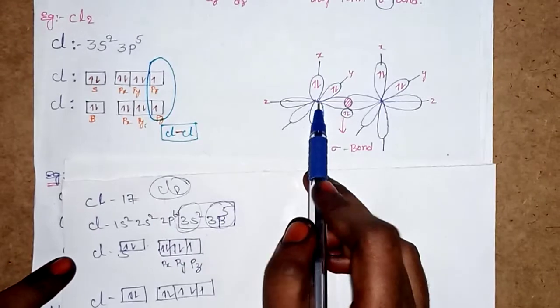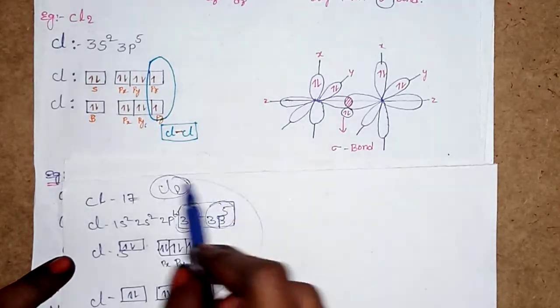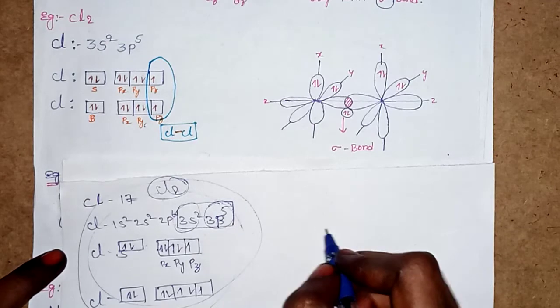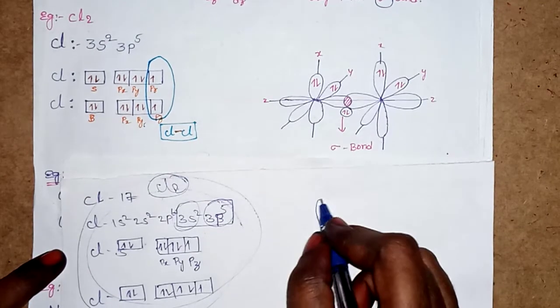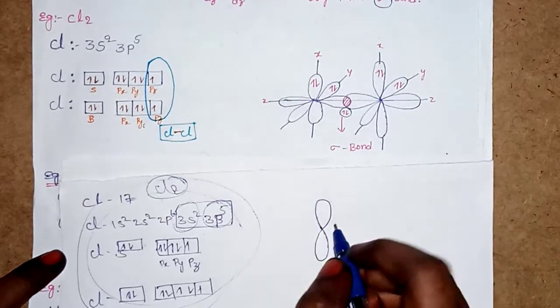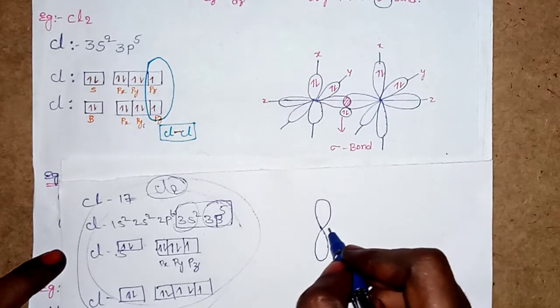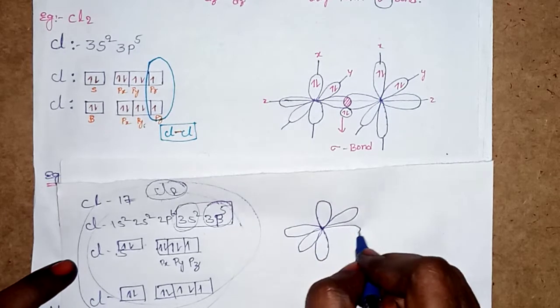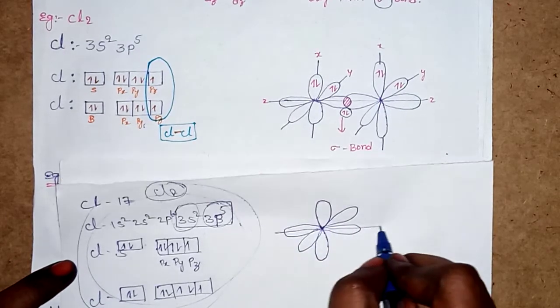This is the electronic configuration. And see this, we are drawing the p orbitals on the axis.